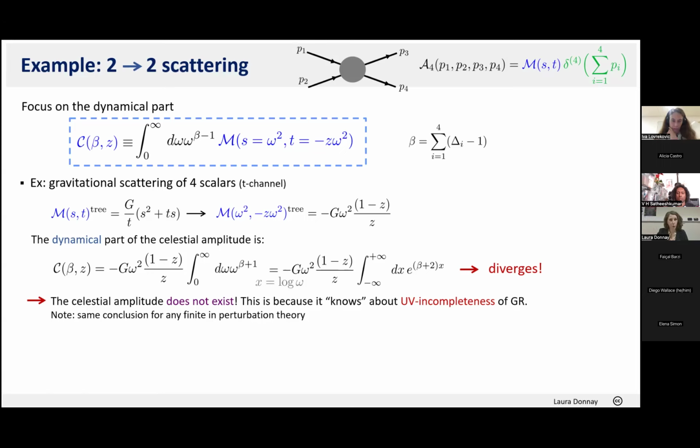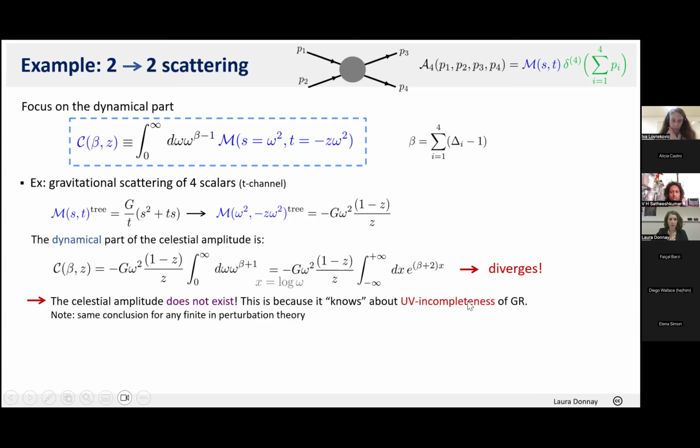We're integrating over all omegas. So somehow the celestial amplitude always knows, in this case, it remembers that you are working with a non-UV complete theory, gravity. Here, your scalars are exchanging a graviton. So the celestial amplitude remembers, knows, probes, if you wish, the UV incompleteness of your theory.